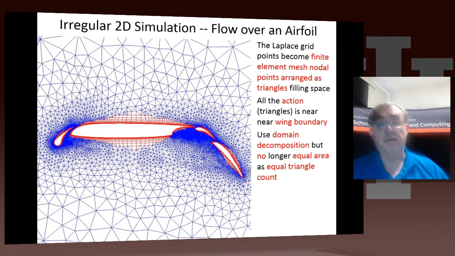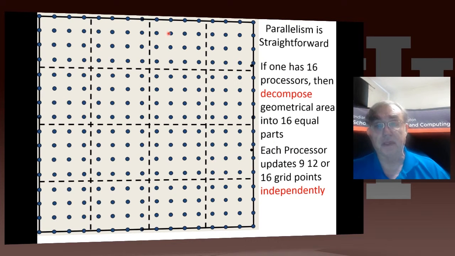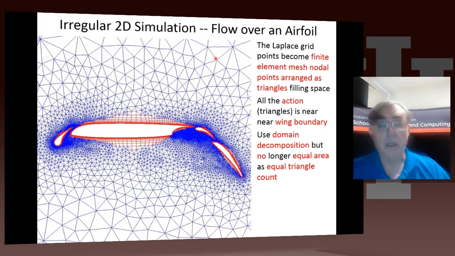We will find that in order to get a sensible parallel algorithm, we'll do the same thing. We'll take these elements, we'll chop them up into groups, but we will do this in a slightly subtle fashion. In the example here, the groups are all roughly the same size. The groups here will be rather different in geometric size because we'll actually want to have an equal number of elements in every processor.